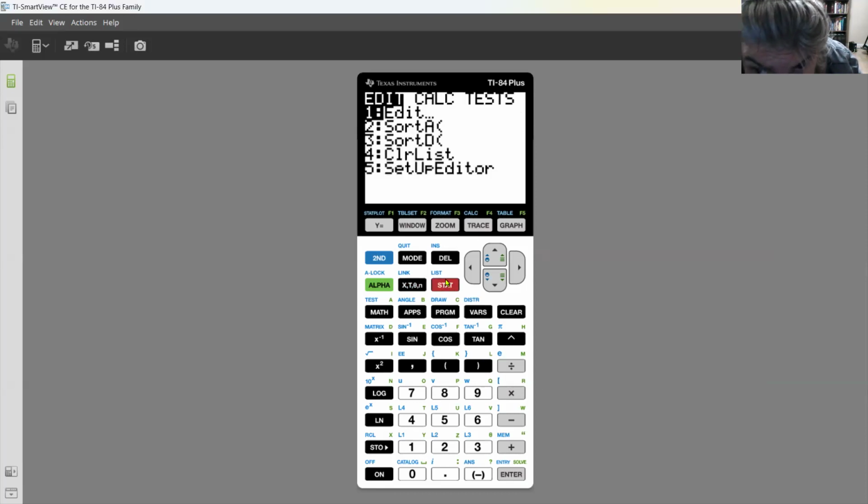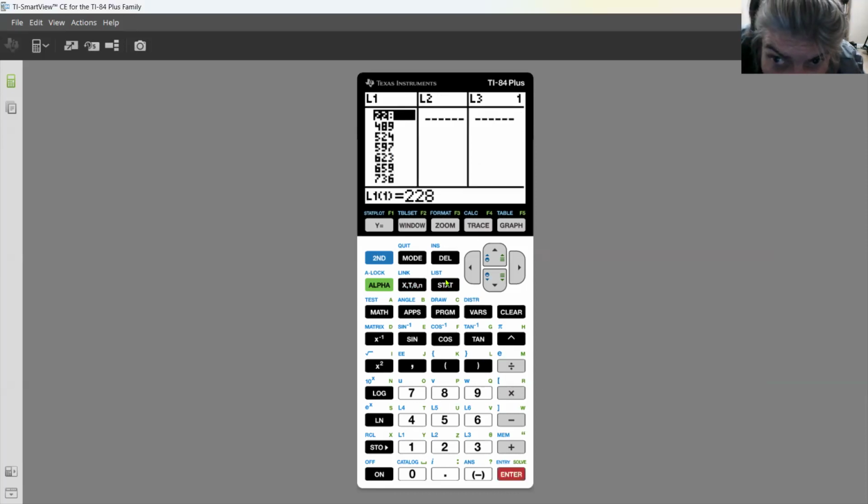Stat, edit. Since L was 4, the number in position 4 is 597. So her last answer was correct, but her percentiles were slightly off. She rounded to the nearest percentile. I hope that helps with that question.